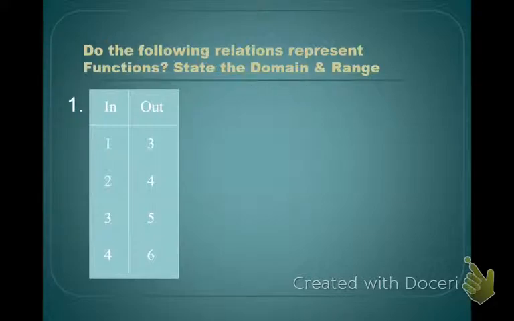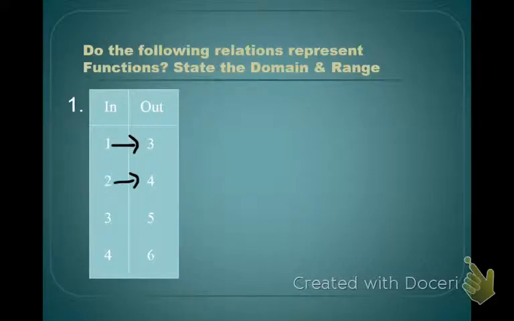So, is this a function? Go back to the definition of function. For any input, we have exactly one output. For any value in the domain, we have exactly one value for the range. Okay? And for this input, so 1 is an input, we've got exactly one output.